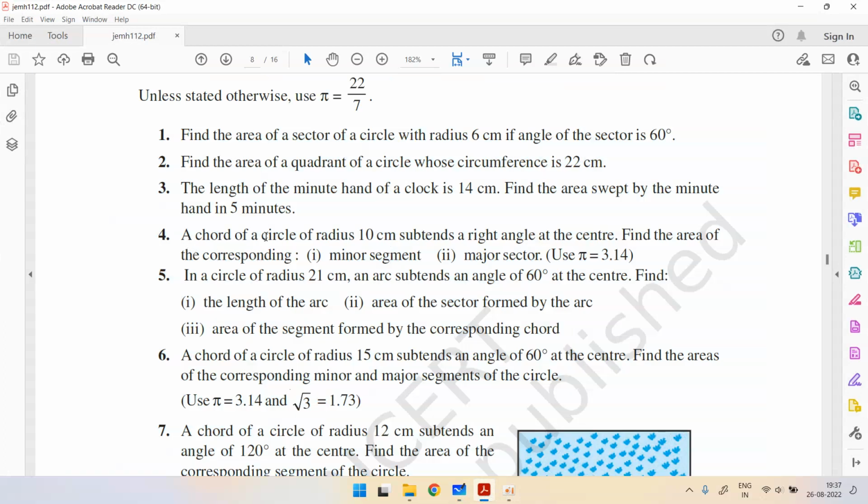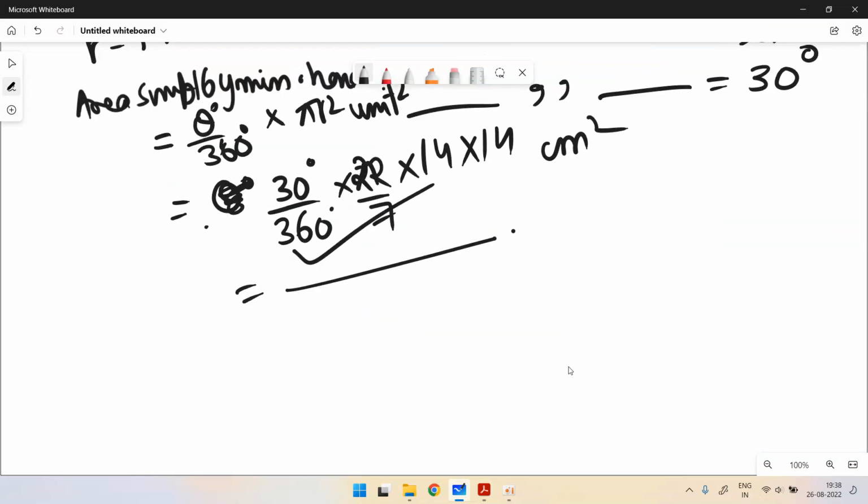Fourth question. A chord of a circle of radius 10 cm subtends a right angle at the center. Find the area of the corresponding minor segment and major sector. Use pi equal to 3.14.